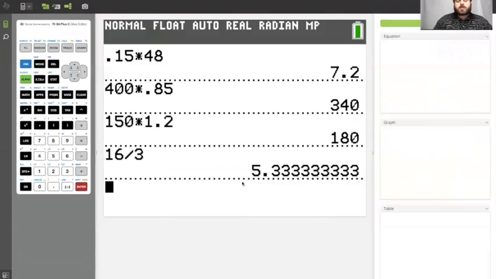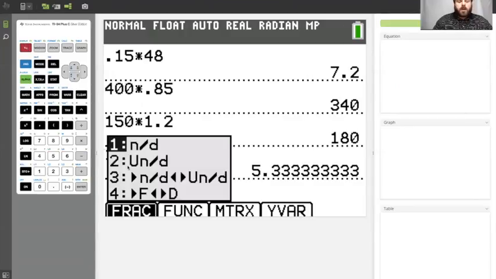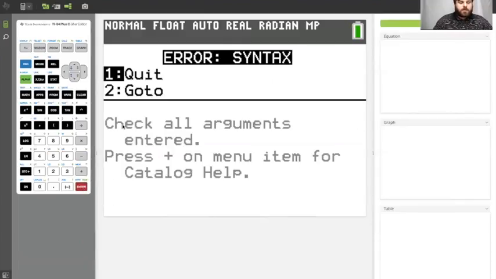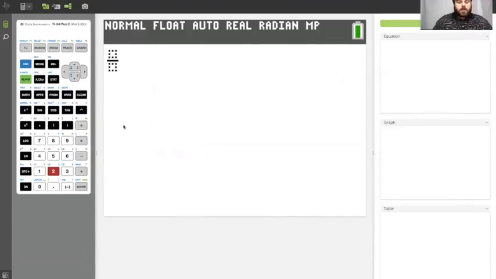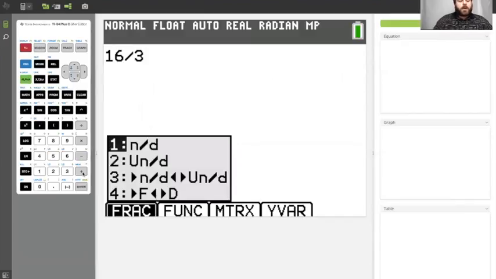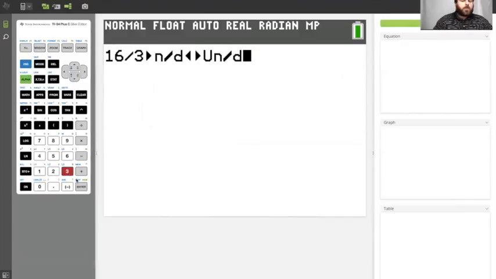You could actually convert this number into a mixed fraction by doing alpha y equals, and you want to do it as a fraction first. Oops. All right, let's try this again. You want to do 16 divided by 3, and what you want to do is convert that as number 3 from a numerator denominator to a mixed number.